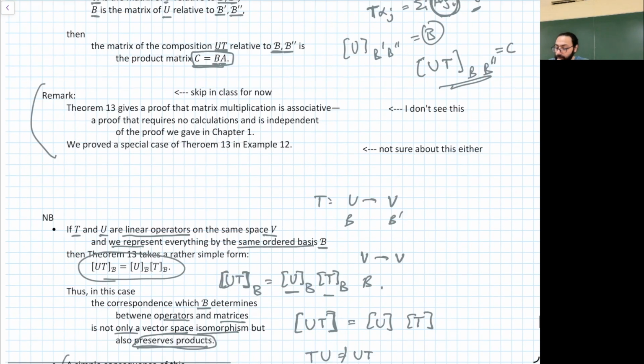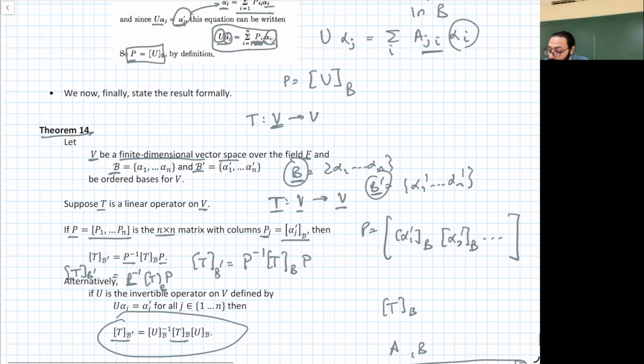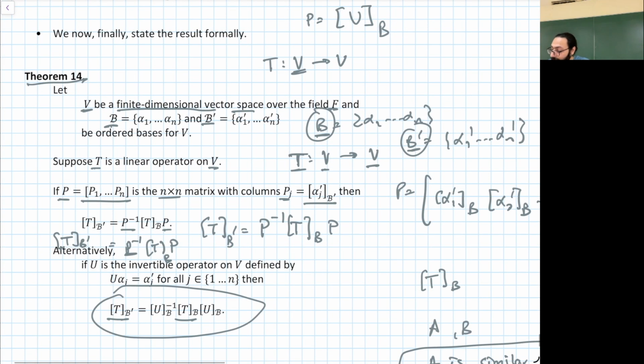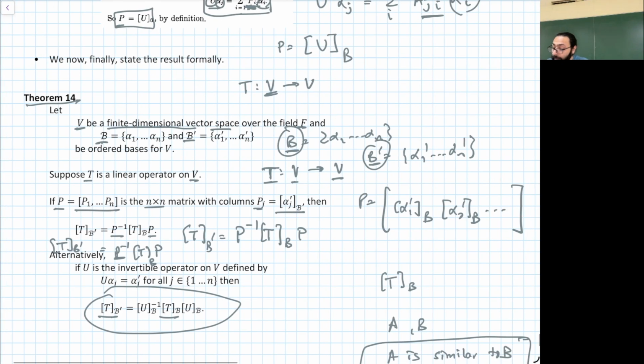Okay. So that was theorem 13, and now let me say the statement of the next theorem again. In the previous result, we were looking at two different linear operators, and we were asking how their matrices relate. Now we're going to ask, given a fixed linear operator but two distinct bases for the same space.